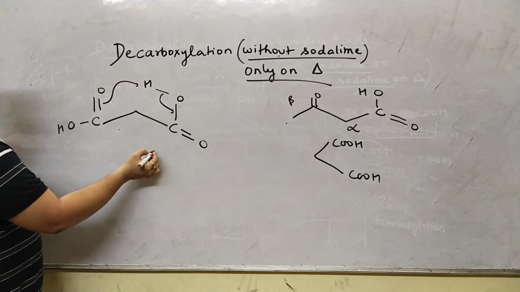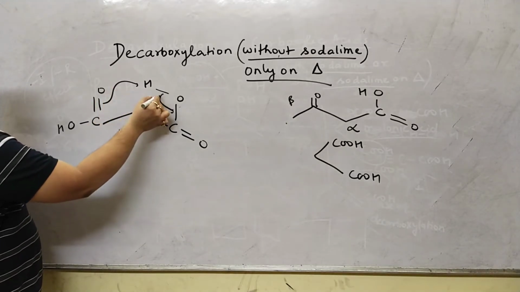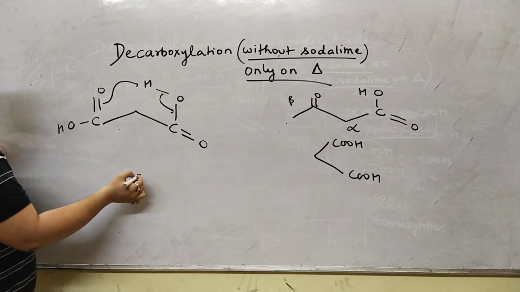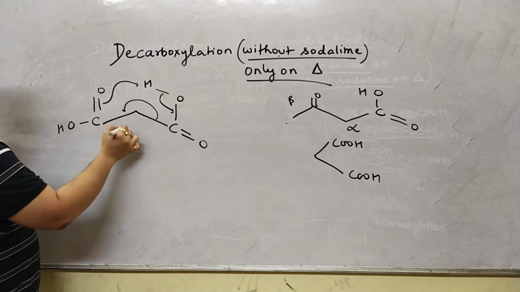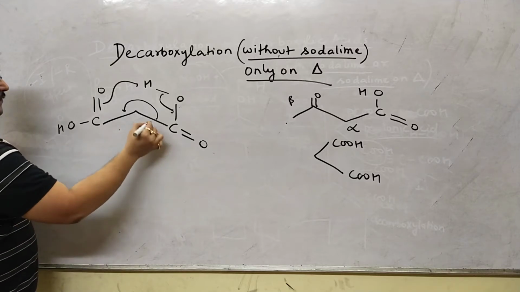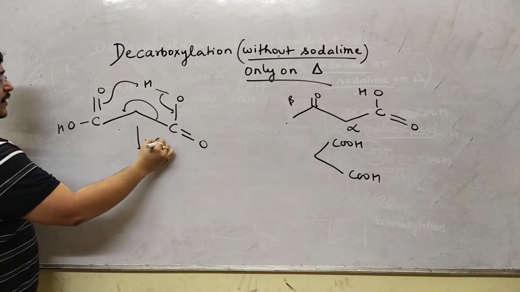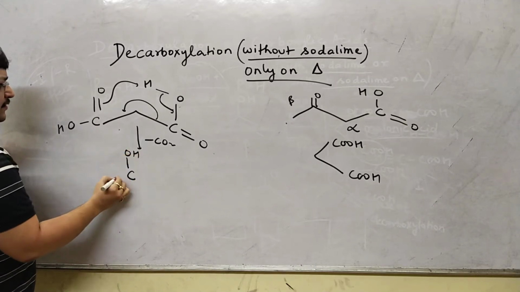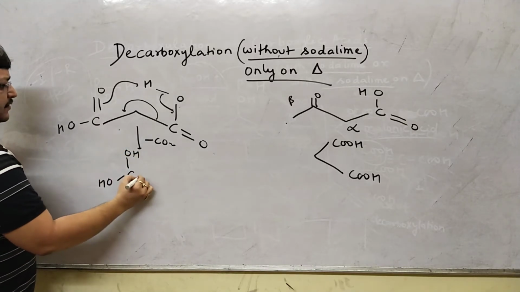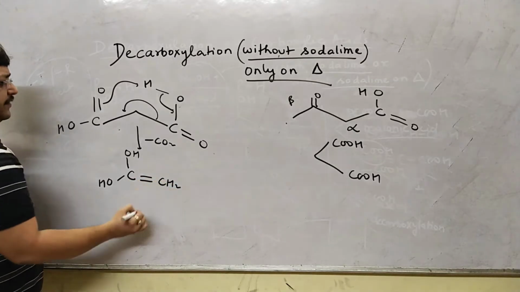See, I can again think about this interacting in this manner, this coming here. I can again think about a making and breaking of bond, and this will, after loss of carbon dioxide, give me a C(OH) OH double bond CH2.